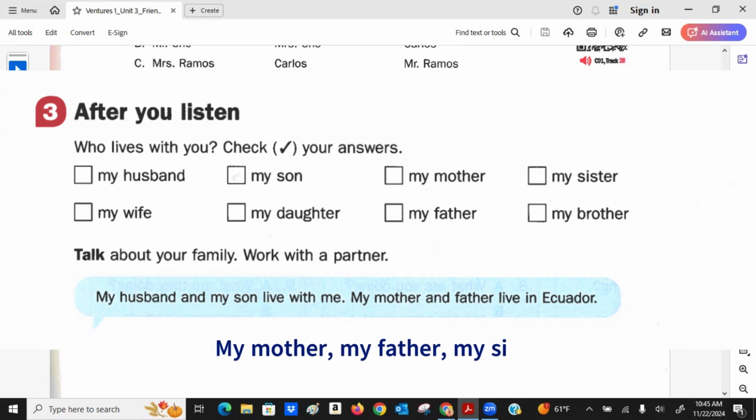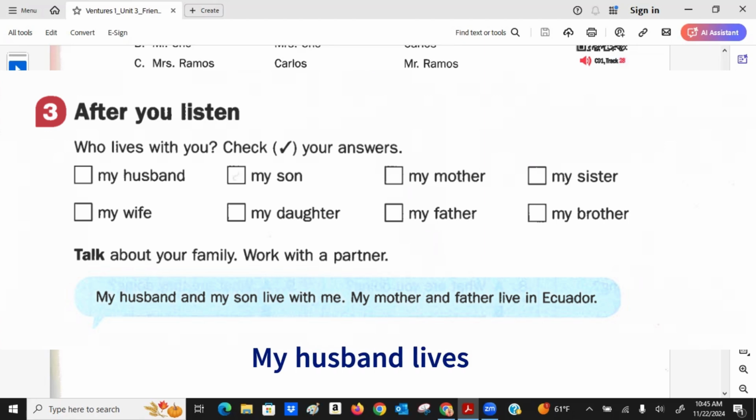So you see, I mentioned all of them, and before mentioning the last one, I use and. On the other hand, when you talk about just one person, if you say, my husband lives with me. If it is only you and your husband, well, if you just mention one person, then you have to add an S to the verb.